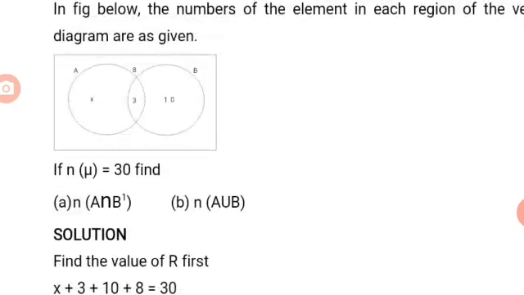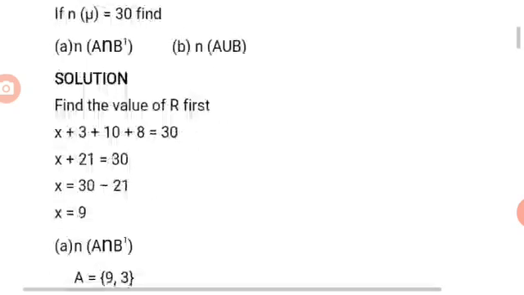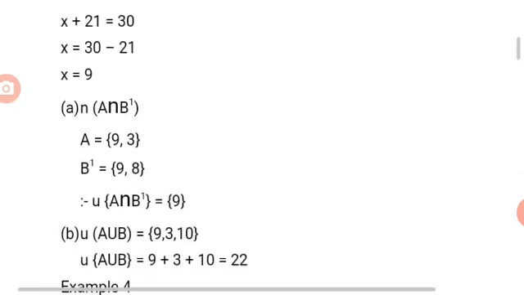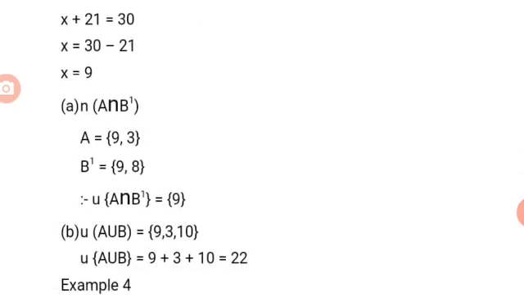That is what is not inside set B, is 9, that is the value of X, and then 8. Therefore, the number of A intersection B complement is 9. That is what is common to both set A and B complement, is 9.